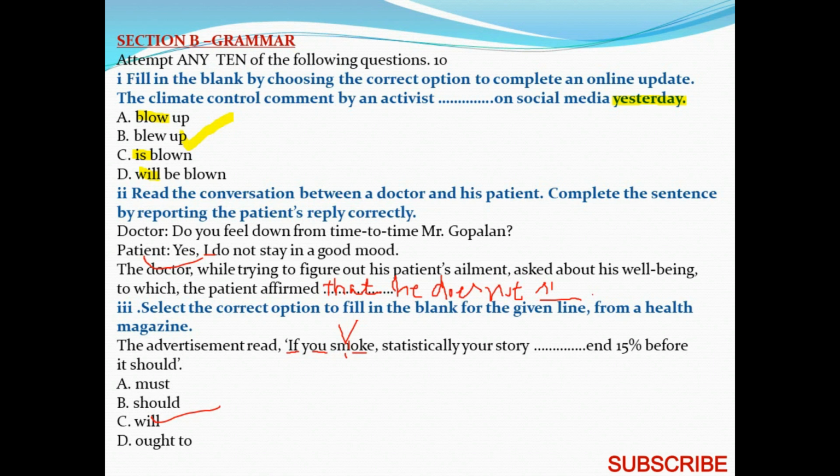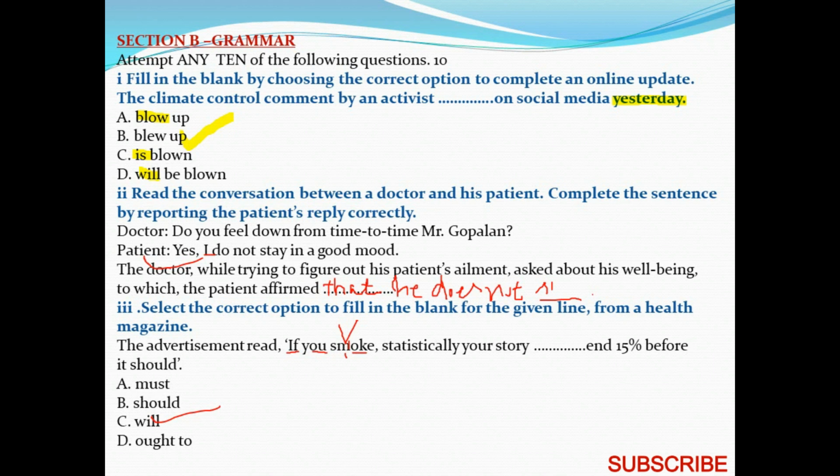The doctor, while trying to figure out his patient's ailment, asked about his well-being, to which the patient affirmed. So the patient replied or affirmed that, you will have to note down that I, it is first person pronoun, it will be changed according to patient, he or she. He, do, is it here, but according to subject you will have to choose helping verb.